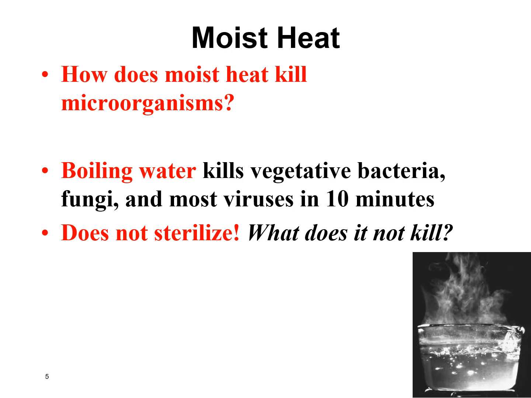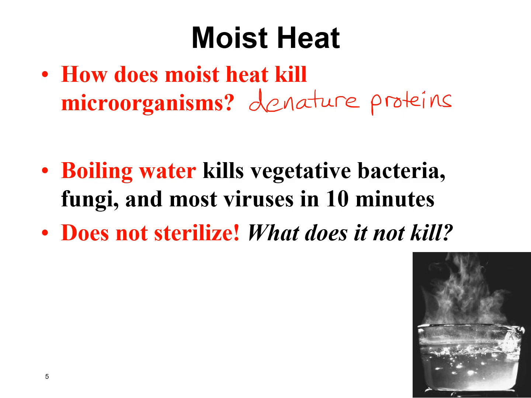All right, let's take a look at moist heat. This is boiling water, and how boiling water is going to kill microorganisms is by denaturing their proteins. So if you think about cooking food, like maybe you're cooking an egg, the egg white will change from clear to white, and that's because you end up denaturing the proteins in the egg white because of the heat.